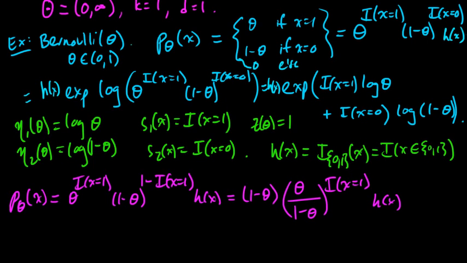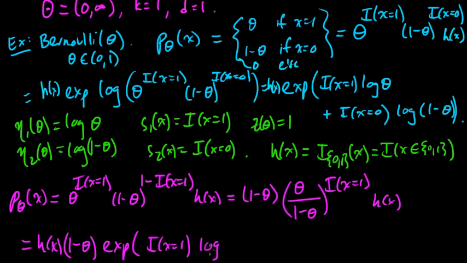And now, if we do the same trick, the x log type of trick, we get h of x, 1 minus theta, exp of log. So let's go ahead and move the indicator down. The indicator that x equals 1 times log theta over 1 minus theta.